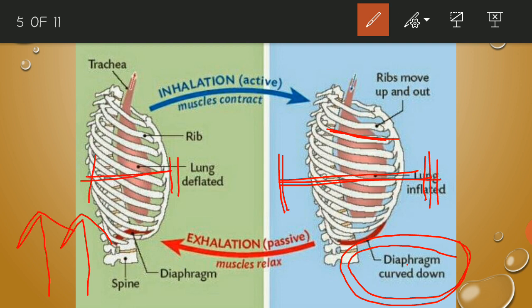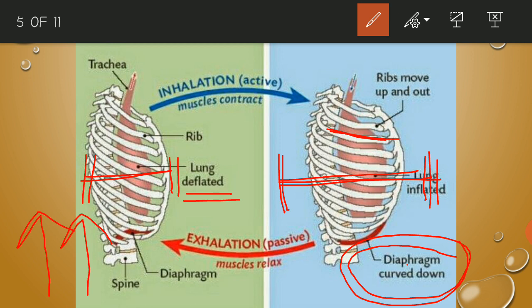As a result, the lungs will be deflated or squeezed, and the deoxygenated air which is present inside the lung is thrown out through the trachea and the nostril into the atmosphere. And in this way, we take in oxygenated air and we release deoxygenated or carbon dioxide rich air into the atmosphere.